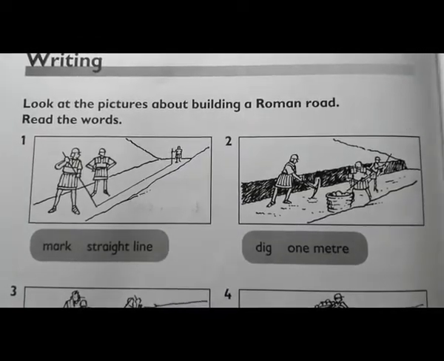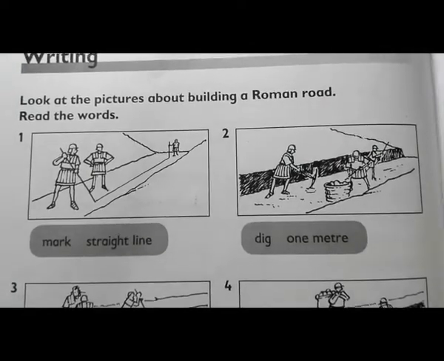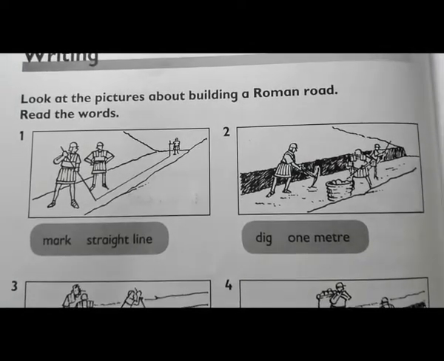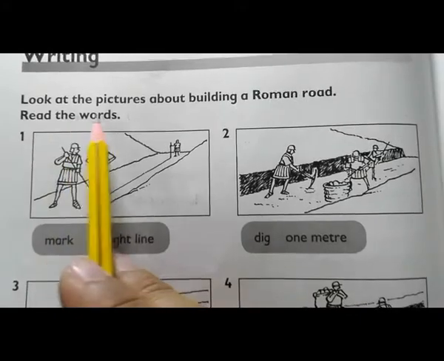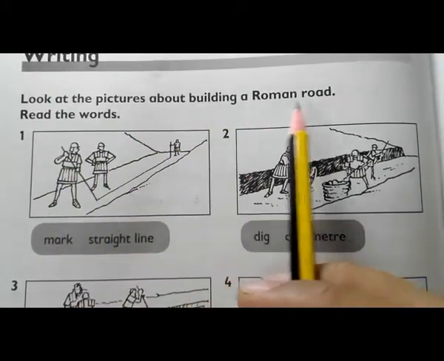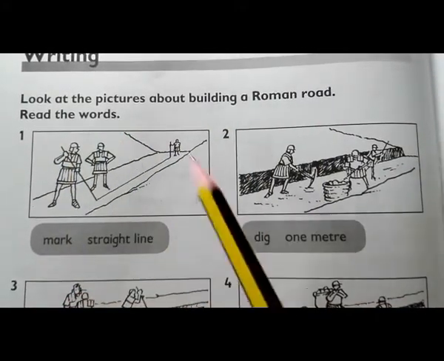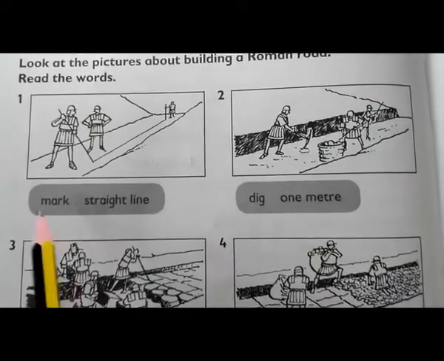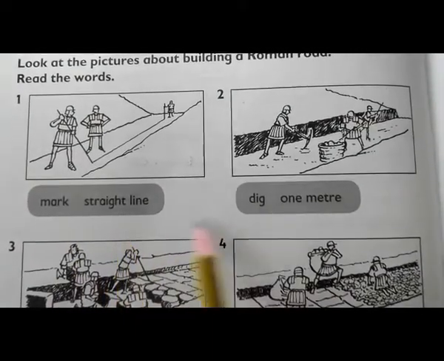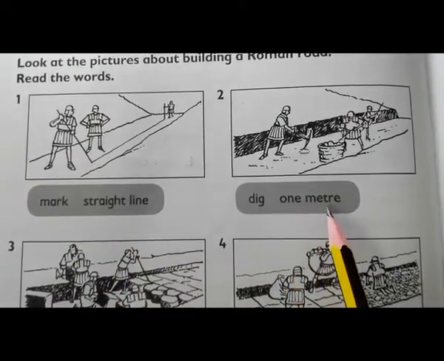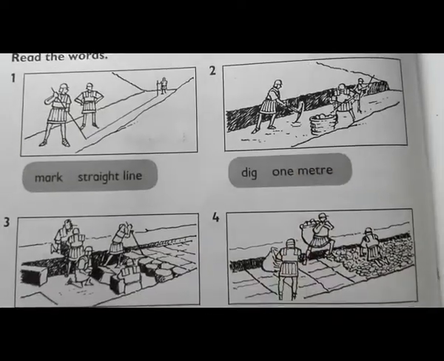This is page number 102, and we have some pictures here. The question says, look at the pictures about building a Roman road, read the words. So here you can see mark, straight line, dig 1 meter, this picture number 2.